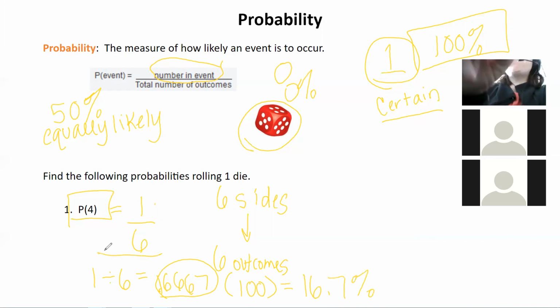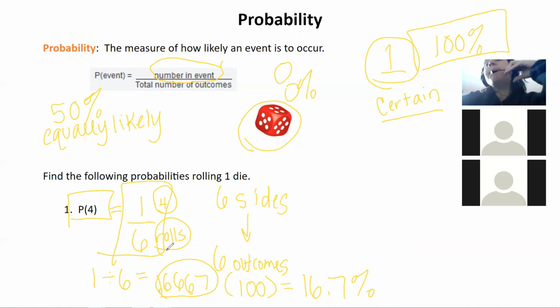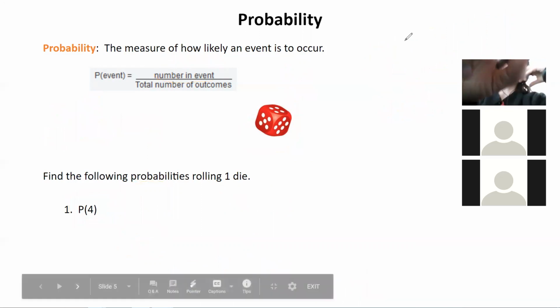But most often, probability is given as a fraction. Because what that means is for every 6 rolls, you have a chance of one of them being a 4. Questions on that? It's always what you're looking for over the total amount of outcomes. We're going to do a few more examples.